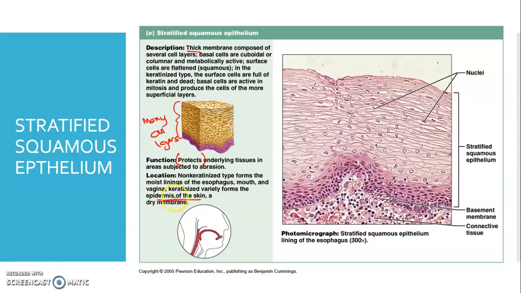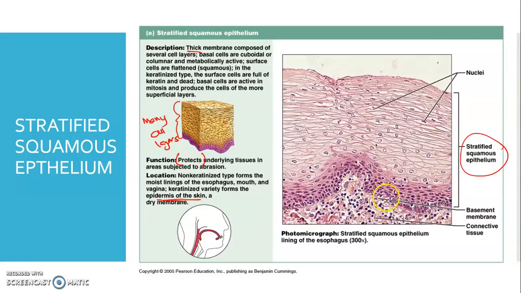As a protection, it can also be found lining the esophagus, our mouth, vagina, and also the dry membrane. If you look at the microscopic image here, you can clearly see the stratified squamous as the protection, and around here is the basement membrane.